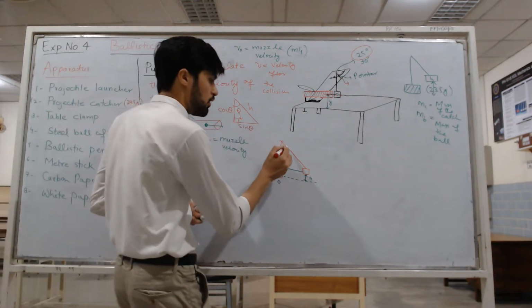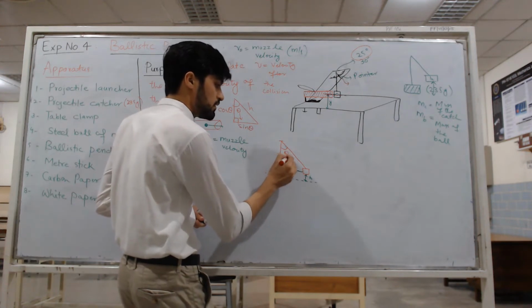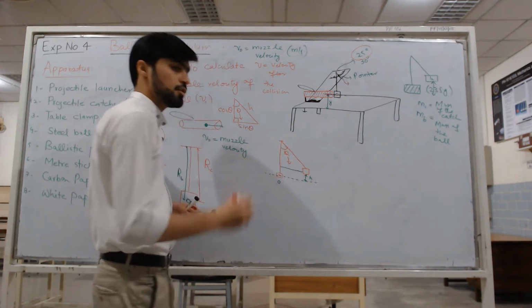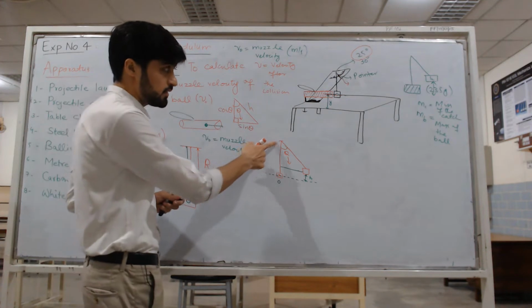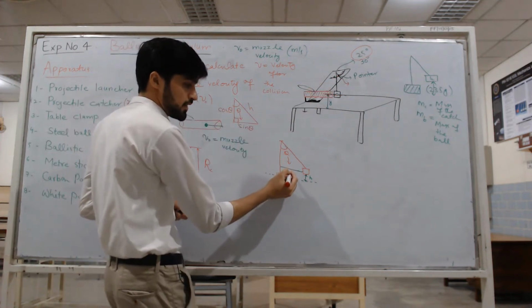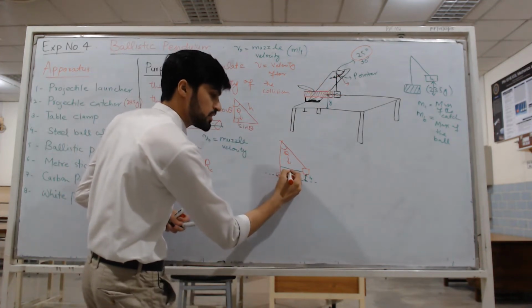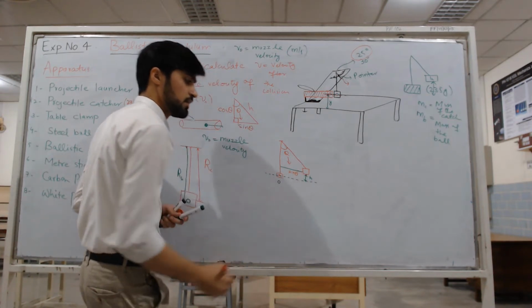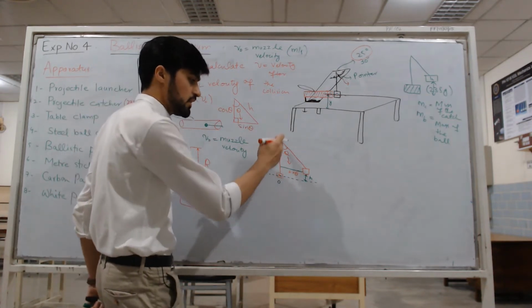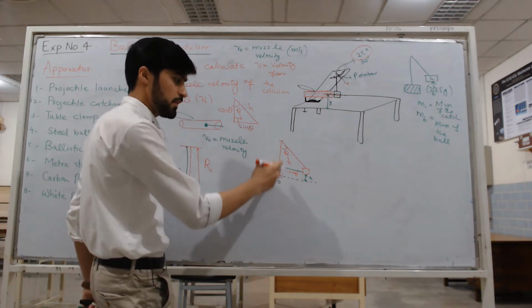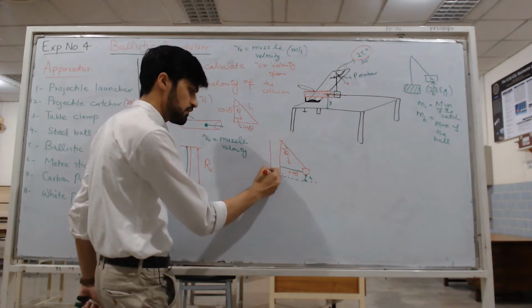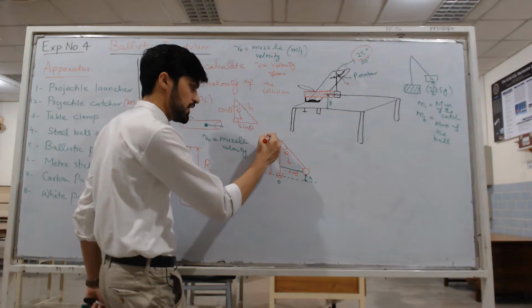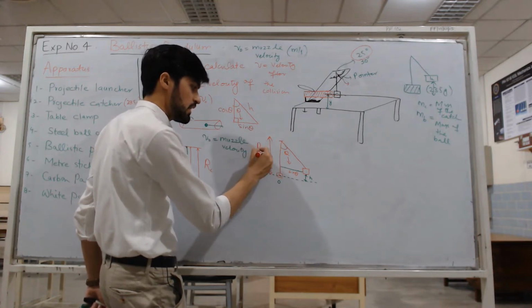Always keep in mind, right in front of the theta, the side is known as the sine side, sine of theta. And the length of the pendulum, from here to here, is RC.